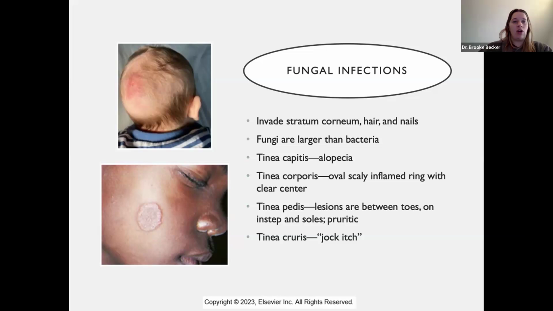Those are all antifungal medications. Now to diagnose fungal infections, you can actually take a little scraping of the area and put it on a plate, and then the lab can look at it under a microscope and can confirm whether or not it is fungal.